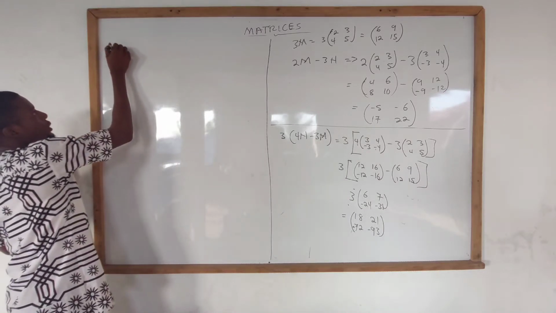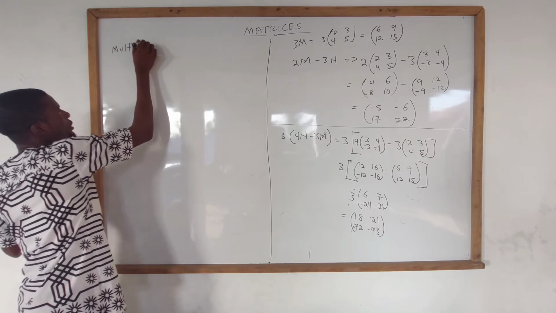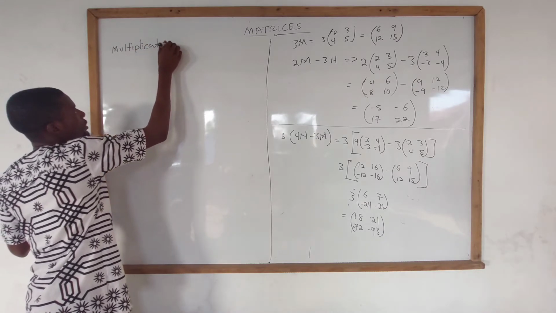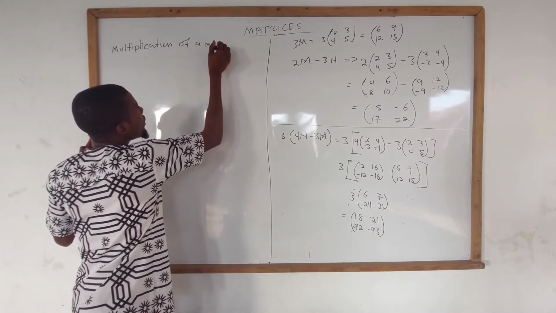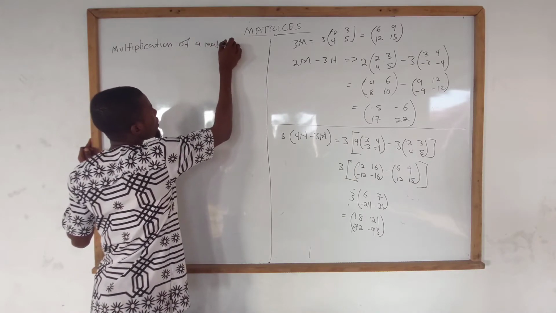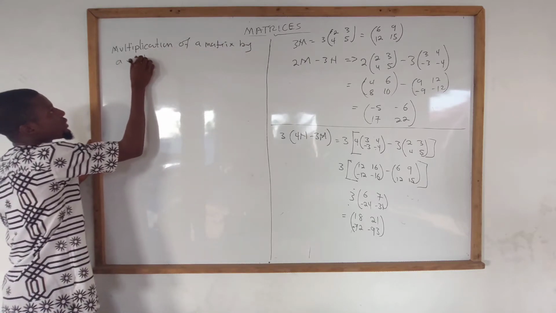Let's look at the next one. Multiplication of a matrix by a vector.